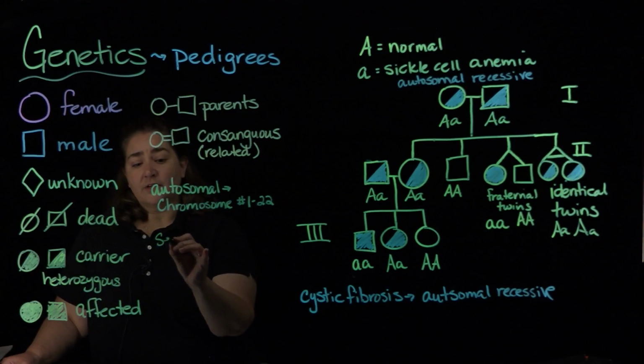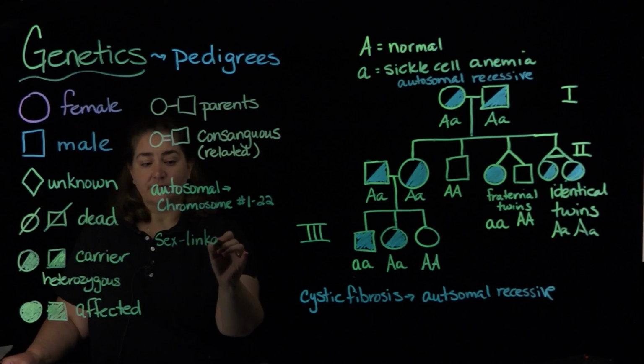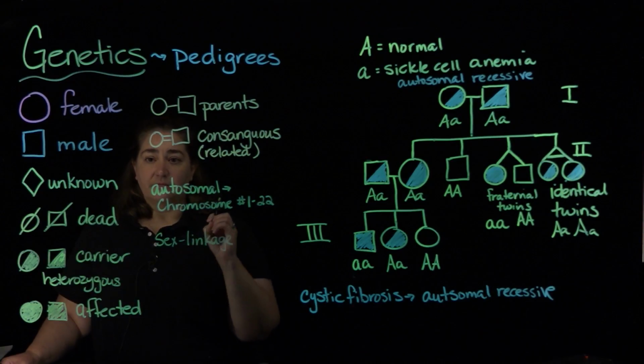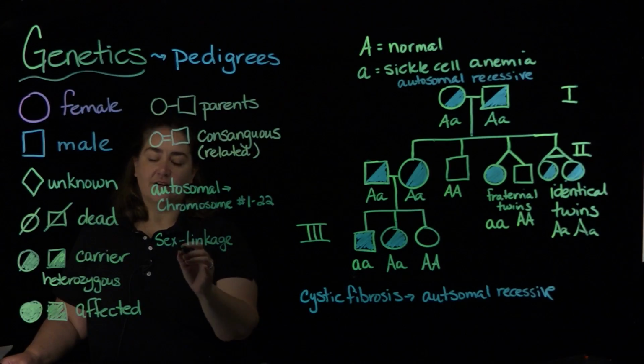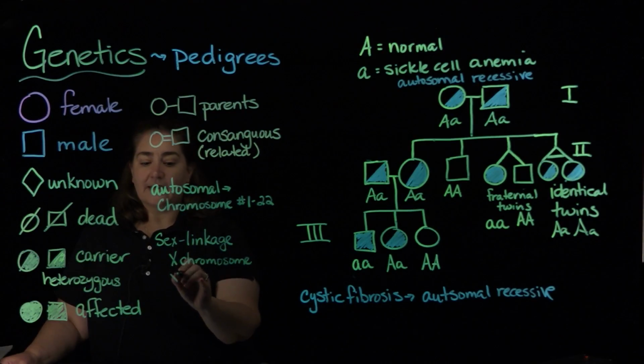I'll have another video that'll go over sex linkage. If a particular disease is sex-linked, most often it's going to be the X chromosome that is implicated, although it can also be the Y chromosome.